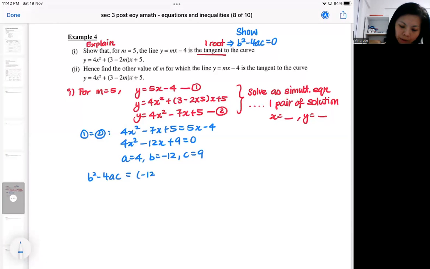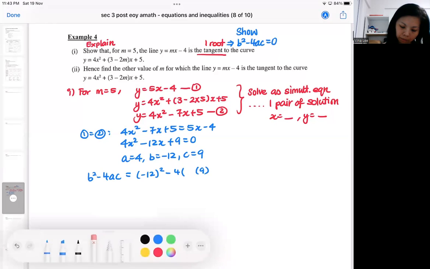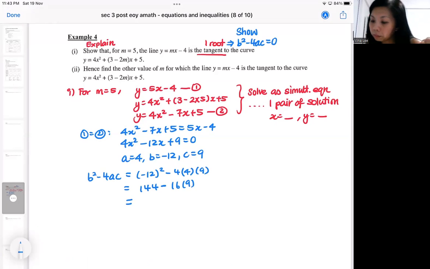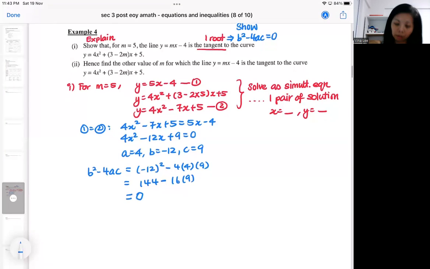So with your a, b, c, you can work out the discriminant, and in this case, you get 0. So when you get the discriminant 0, you will do an explanation.